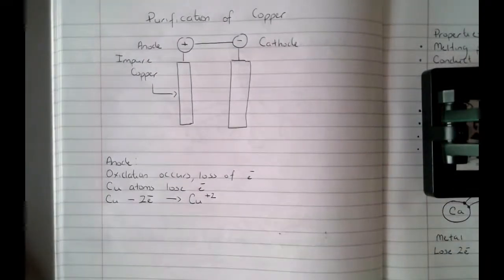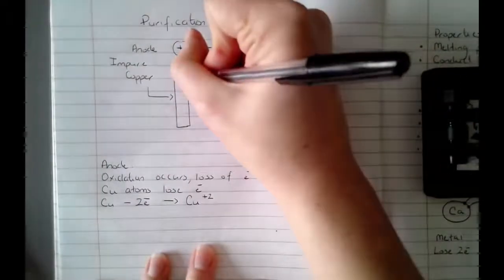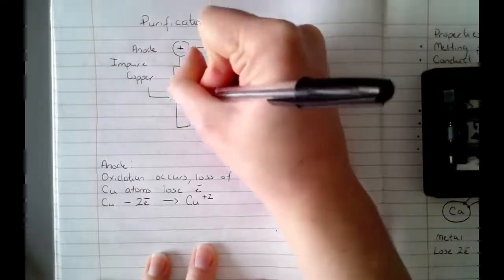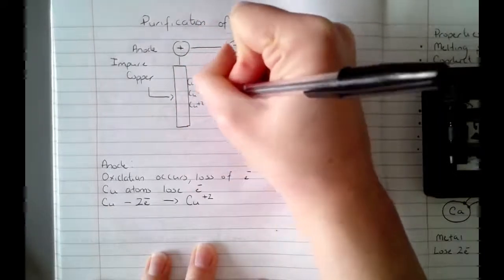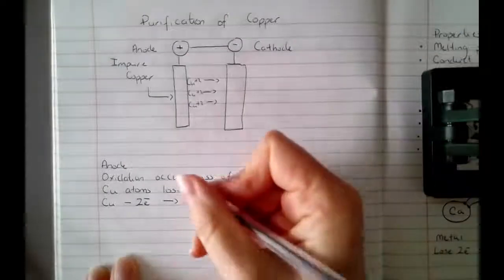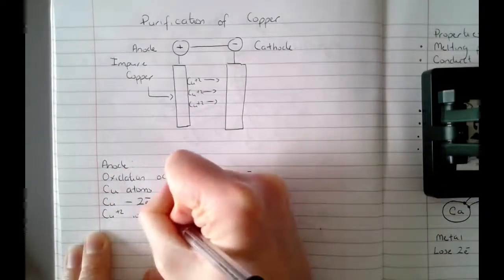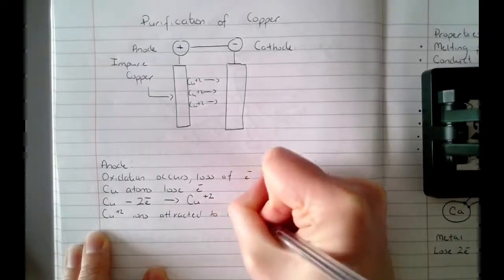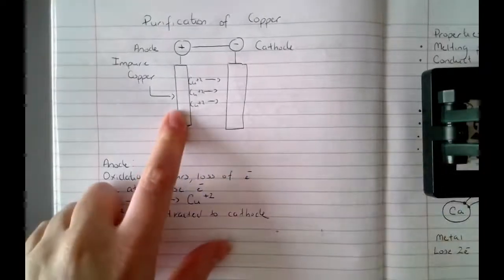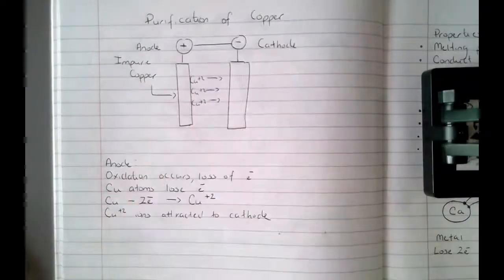When they become charged, they are going to move. Your Cu2+ ions, when they are formed, are all going to be attracted to the cathode. So all of your copper atoms become copper ions. Once they become ions, they move to the cathode.